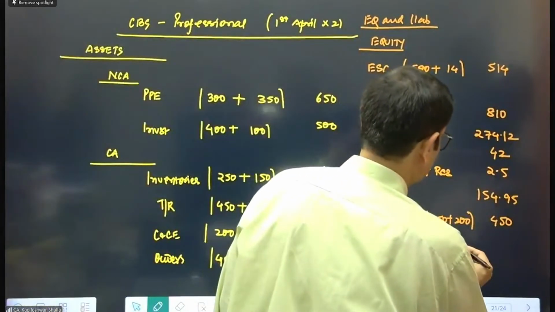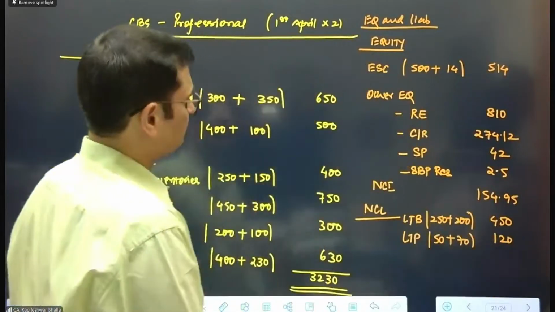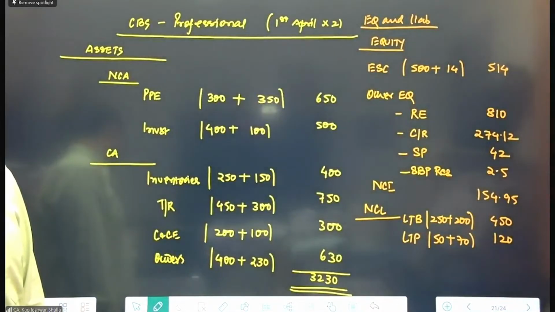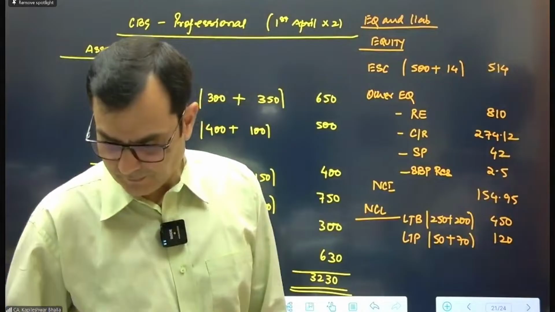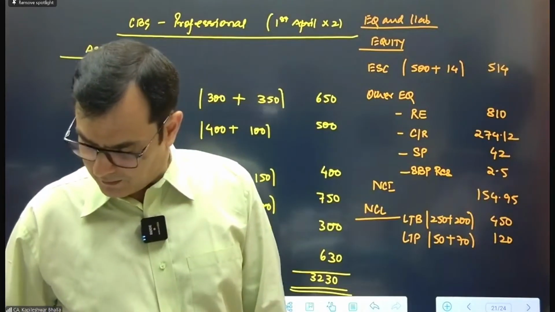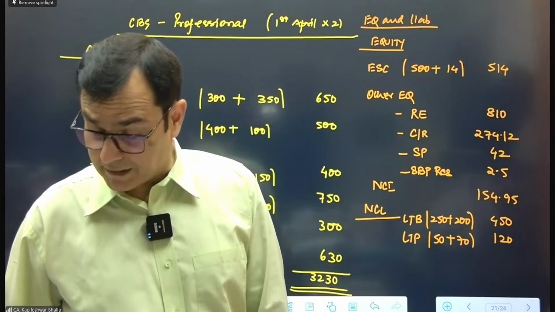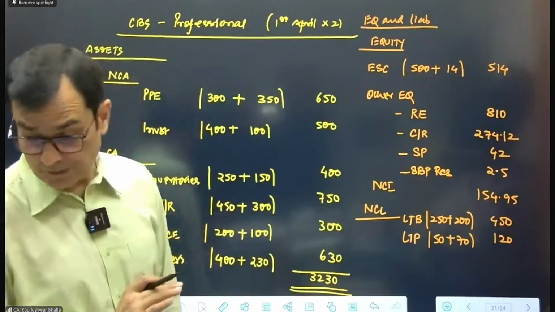And the DC is supposed to be payable after how much time? The DC, deferred consideration, was payable, I think, 2 years later. 1 year later. Yes, 1 year later. So that means it is current in nature. If it would have been non-current, then we would have shown it out here.